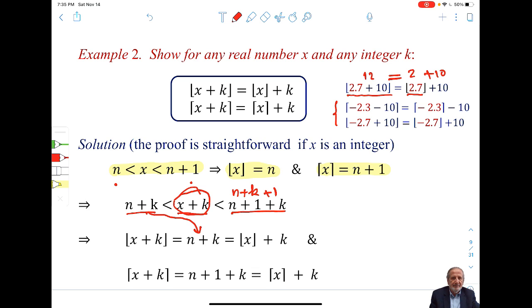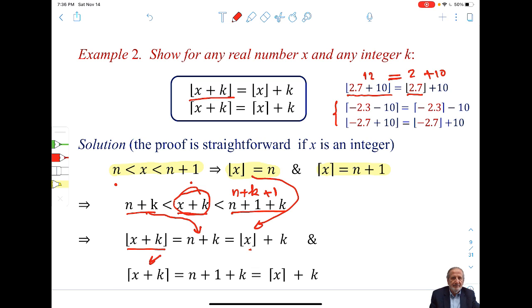So what is the floor function of x plus k? That's the left-hand side. What's the right-hand side? The floor function of x plus k, because the floor function of x is n, see? Plus k. So the left-hand side is equal to the right-hand side. The same thing now, what is the ceiling function of x plus k?